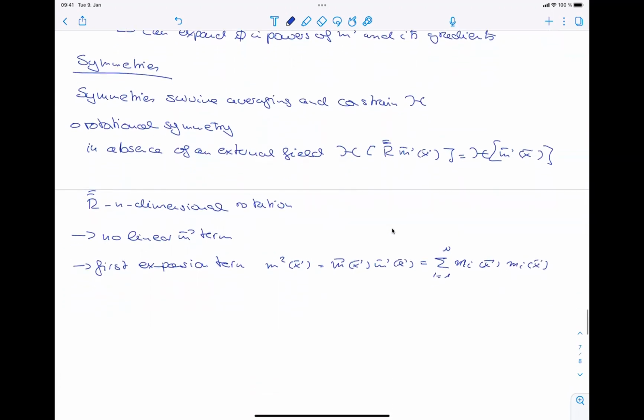This is the first term, but obviously I can also have higher order terms of the nature of m to the 4, which would be m squared times m squared, as long as they have even exponents, I can go up.